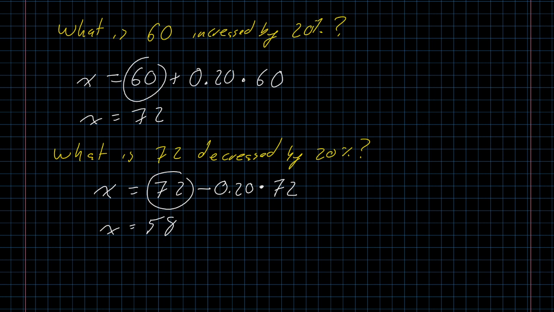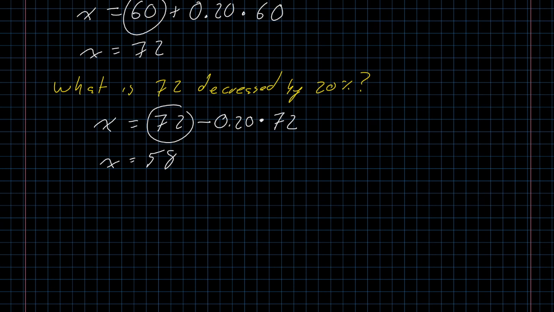Because what if we wanted to end up at 60? 60 is what number decreased by 20%? Right? So now we're switching things around.